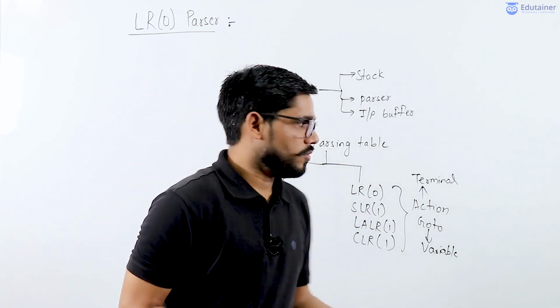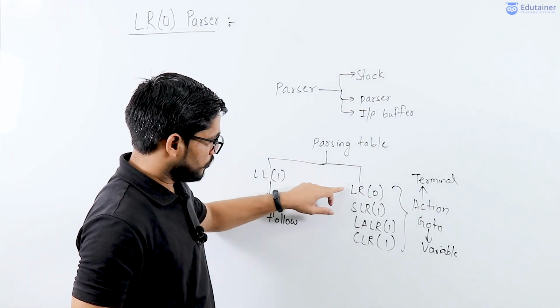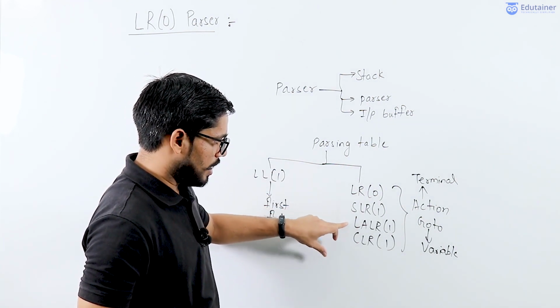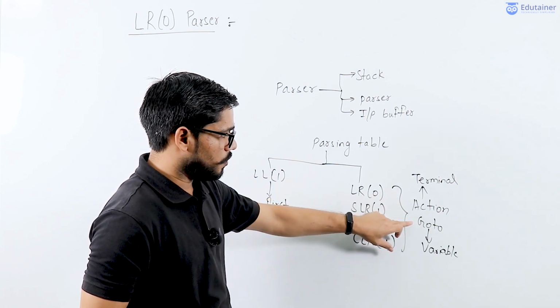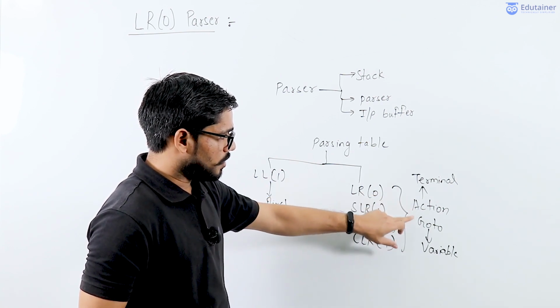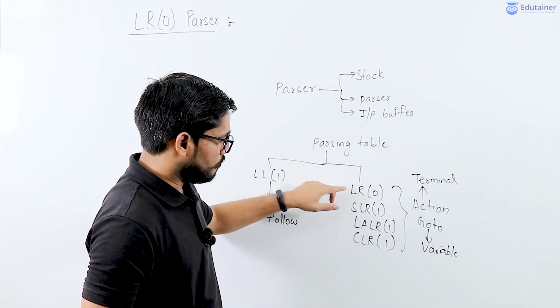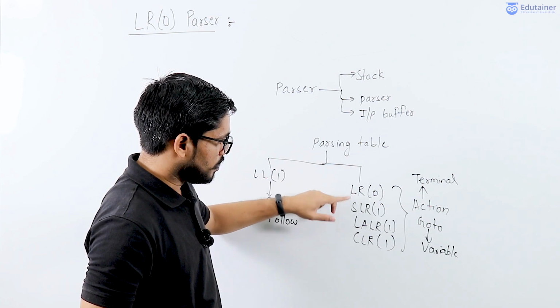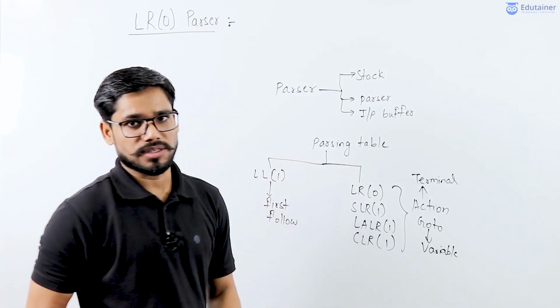So we need to know two concepts while solving LR0, SLR1, LALR1 and CLR1 parser. First is the action part and second is the goto part. So action and goto are present in all these parsing tables, whether you construct the LR0 parsing table, SLR1 parsing table, LALR1 parsing table or CLR1 parsing table.